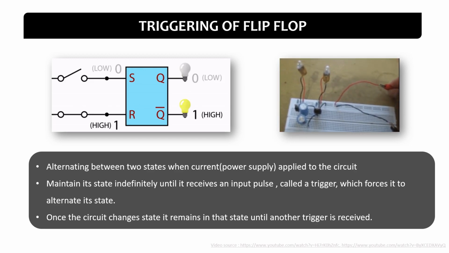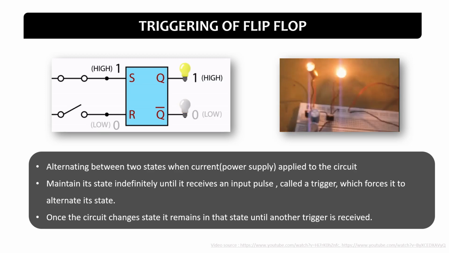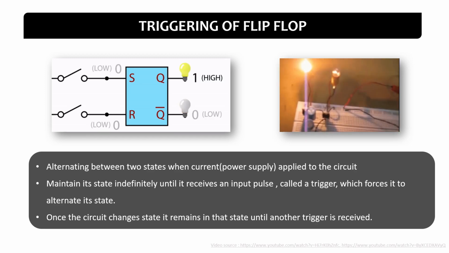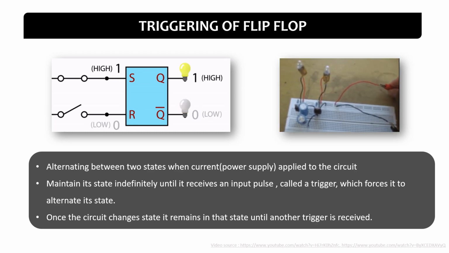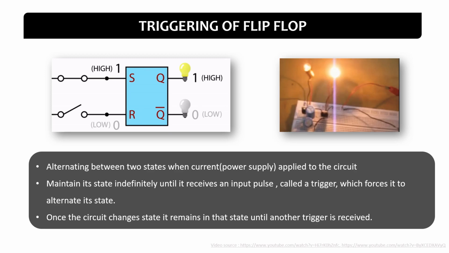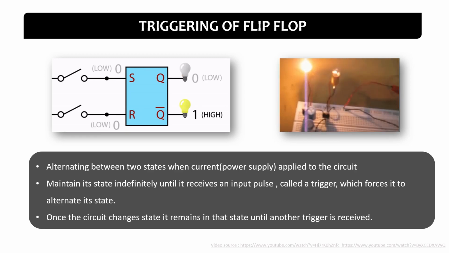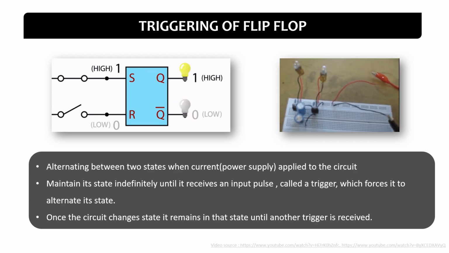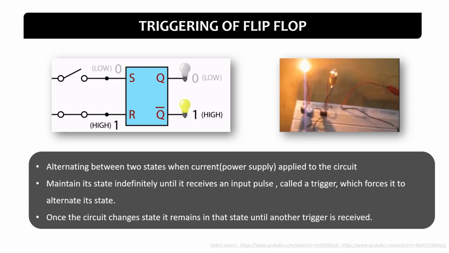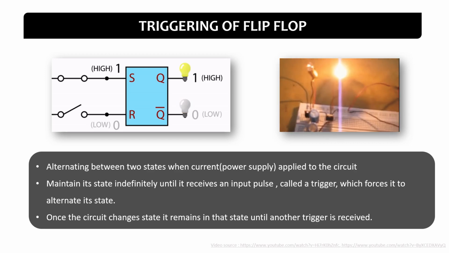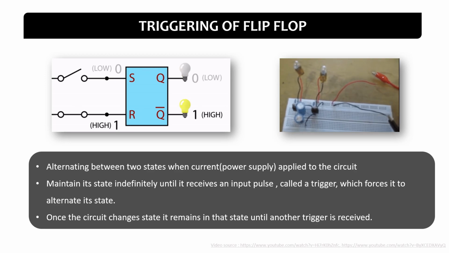So it's the nature of the circuit, and the state of a flip-flop is changed by changing the input signal. If you apply the on, you can see in the left side image, then the state of a flip-flop is changed by changing the input signal. Based on how you are changing the input signal, it changes its output, and this change is called a trigger. And the transition causes it to trigger the flip-flop.